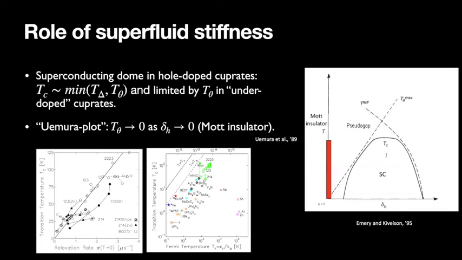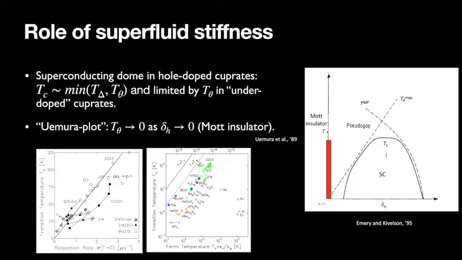All right. So as I was saying, this is something that actually affects the superconducting TC in many strongly correlated systems, and one of the poster childs is in the case of hole doped cuprates. So you might have seen this kind of a cartoon phase diagram where you start out with a Mott insulator at half filling of your square lattice.